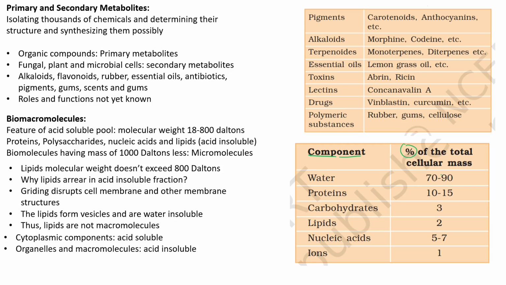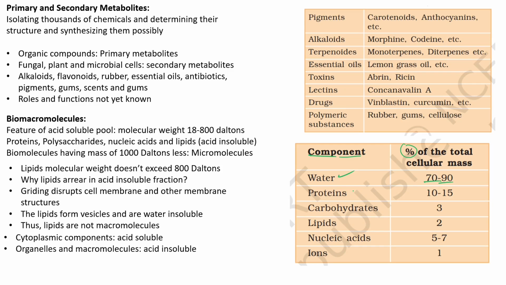What is the percentage of contribution they make to the cellular mass, right? So for example, if you consider water, we all know ultimately cytoplasm is made up of water itself, and it is around 70 to 90% of the constituent. In a cell, around 70 to 90% is completely water.